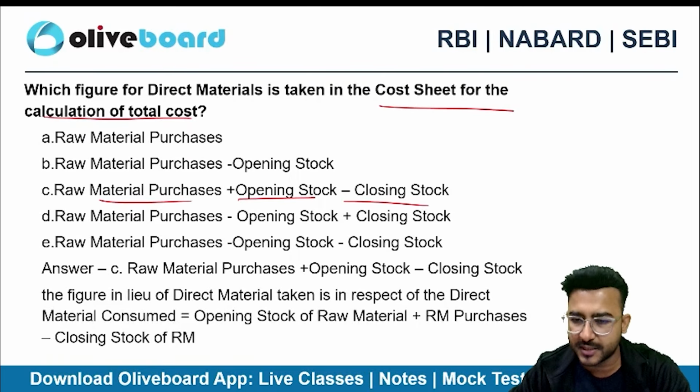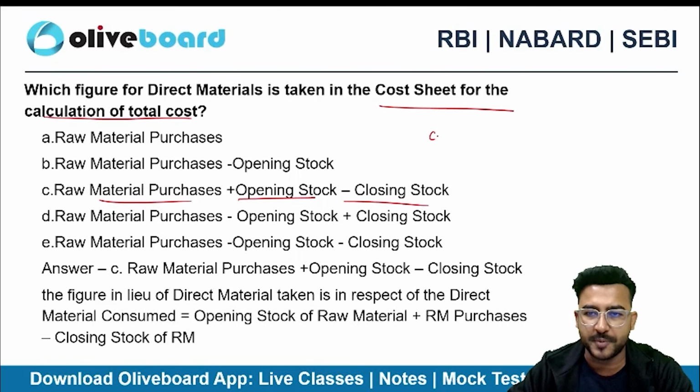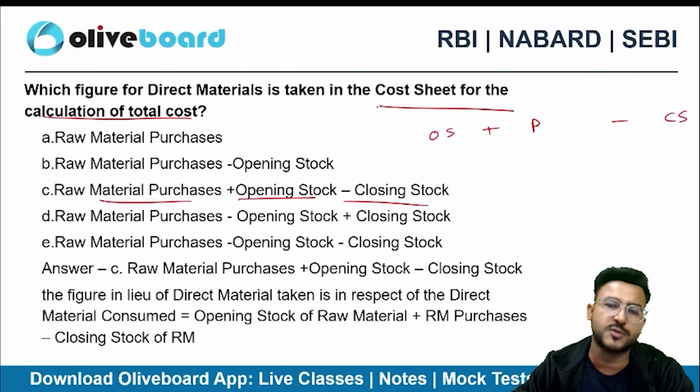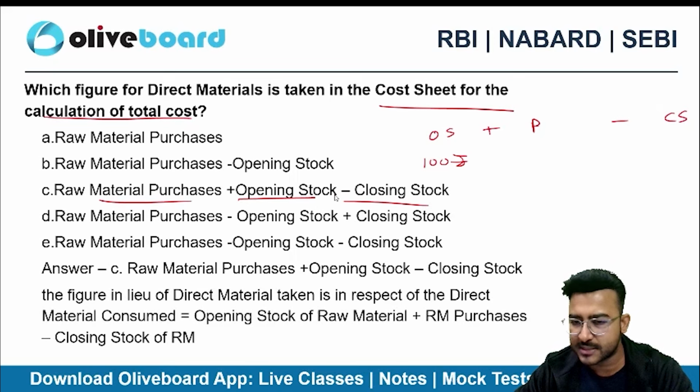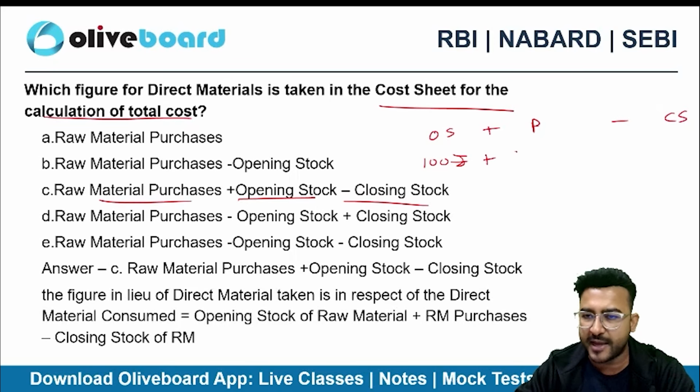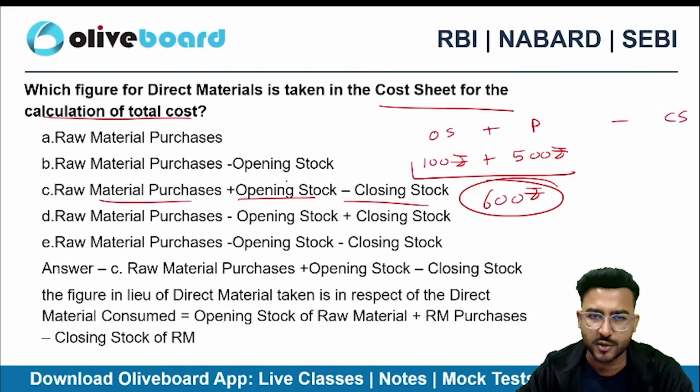That's what consumption is. So can I say that 100 rupee ka stock I was already having in my business? I purchased 500 more this year. So I must be having 600 rupee worth of raw material, direct material, right?